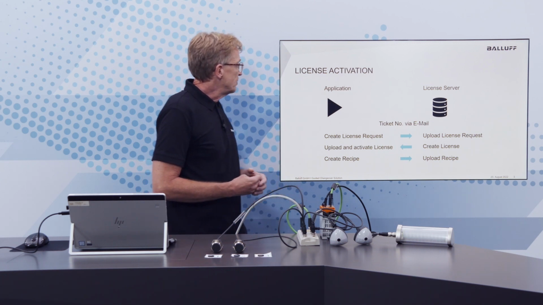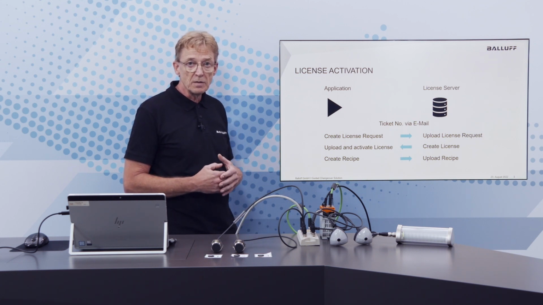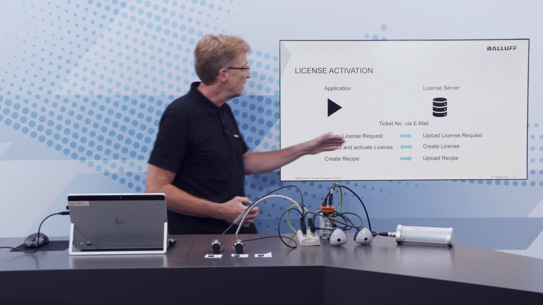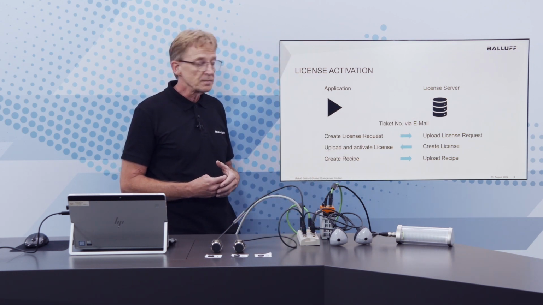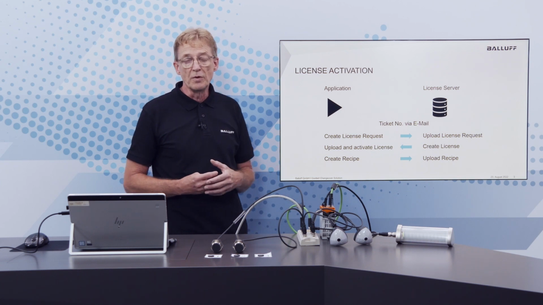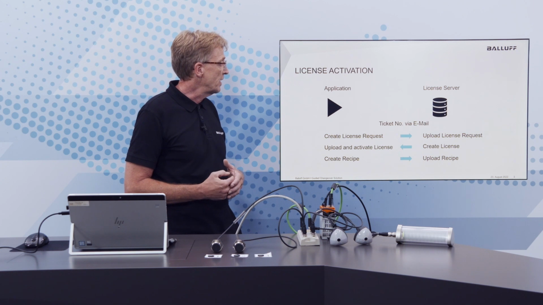First of all, you have to create a license request in your application, which is a file, and this file you have to upload in the license server to announce that you want to have a new license or an activated license in your application.